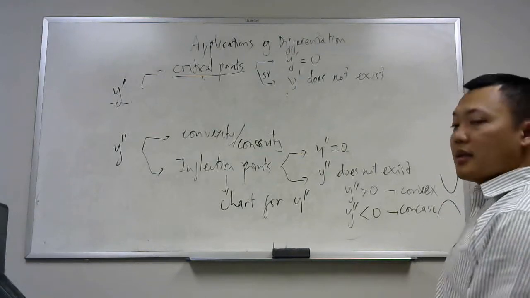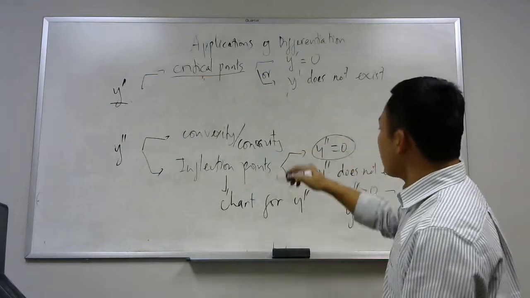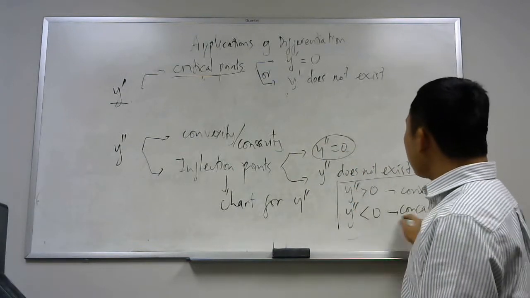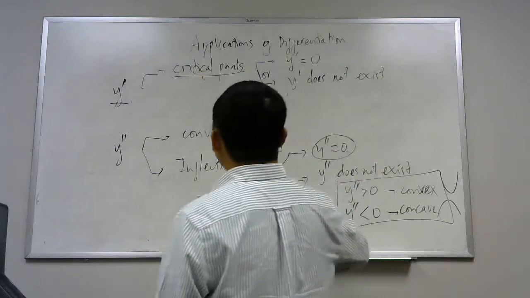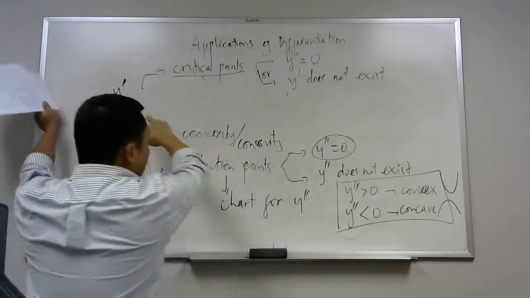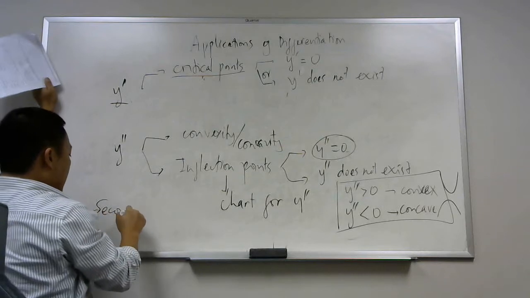Concave looks like this, right? And when the second derivative is equal to 0, that is an inflection point. Using these properties, we have the second derivative test. I write here because I don't want to erase y prime. So we have the second derivative test.